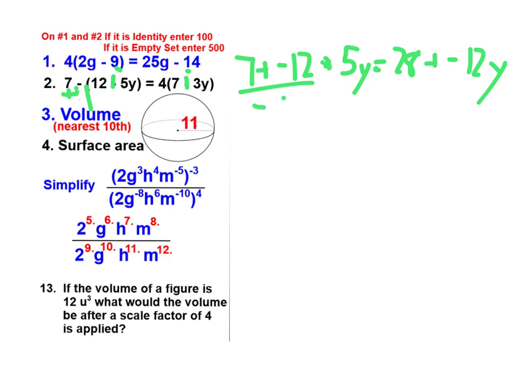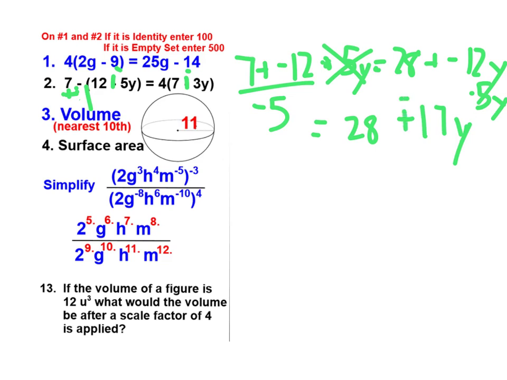Those two become a negative 5 together. And I'm going to get rid of this 5y by subtracting 5y on both sides. So now I'm at negative 17y and a 28 equals negative 5. Now I'm ready to solve that two-step equation. Of course, I should probably have a plus and negative 17y now. They did this, then this, so I need to get rid of that.